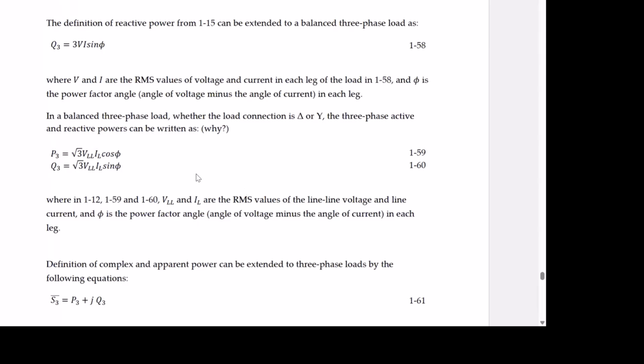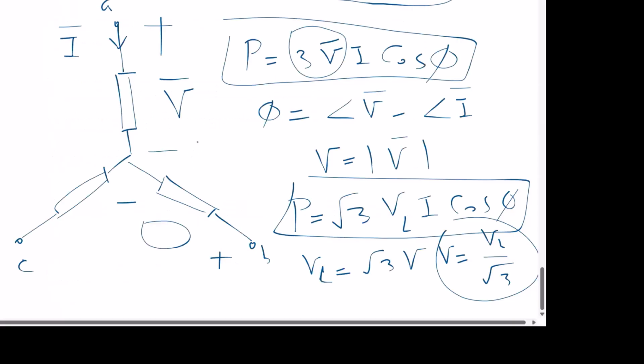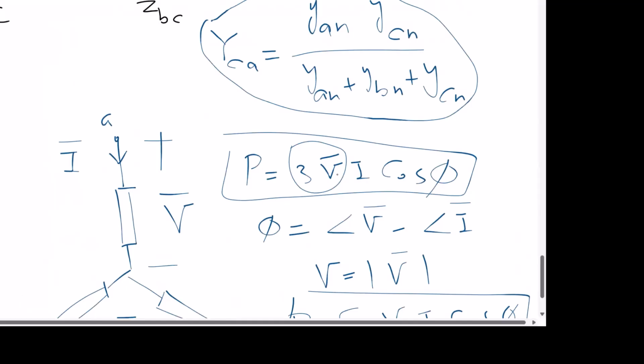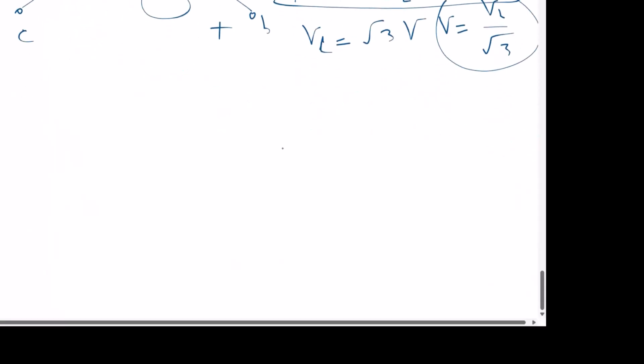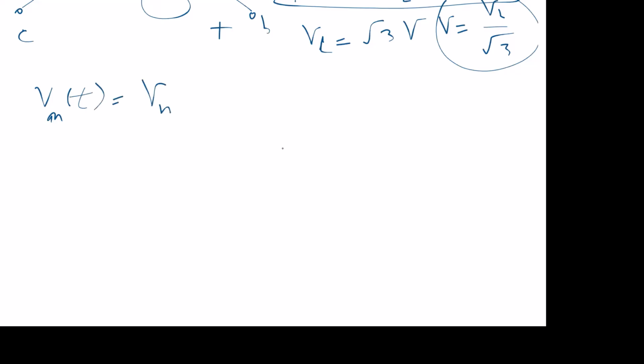Also keep in mind that these definitions for the power are based on the fact that I and V are expressed in RMS form. So there is a difference between this representation and this representation. Remember, when we talked about a voltage, let's say in phase A in the time domain, that was V max cosine of omega t plus something, right?